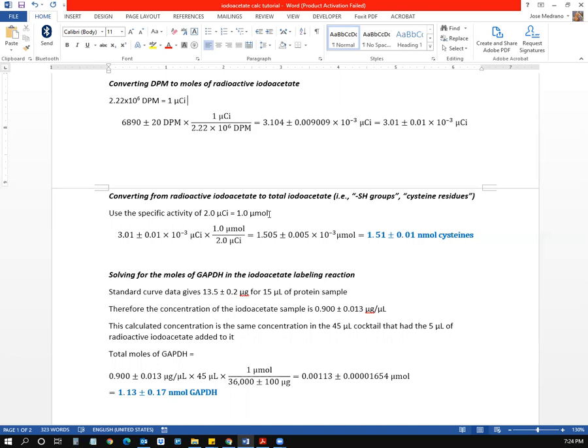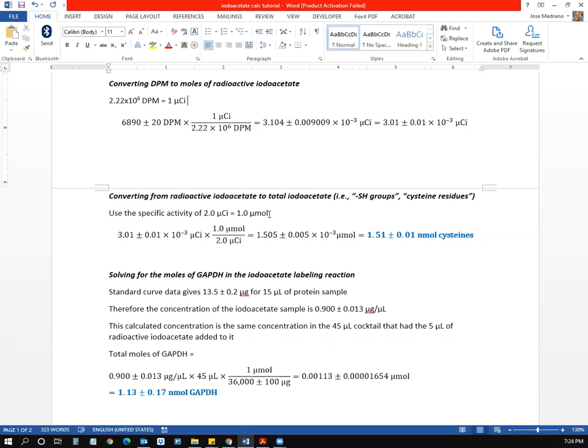iodoacetate. Just to give you a little bit of appreciation for the experiment, we don't just have hot radioactive iodoacetate that we have given you. It is a mixture of hot radioactive iodoacetate and cold non-radioactive iodoacetate, because otherwise our CPM values will be very, very high.